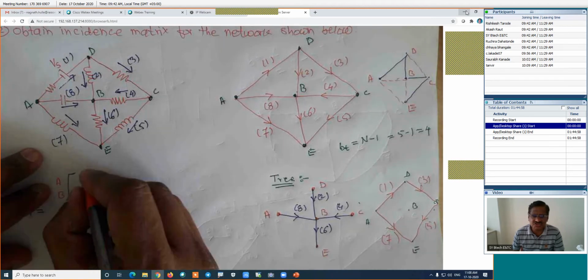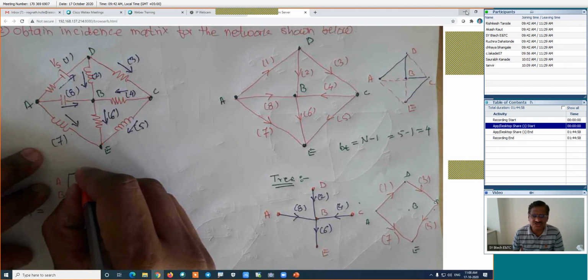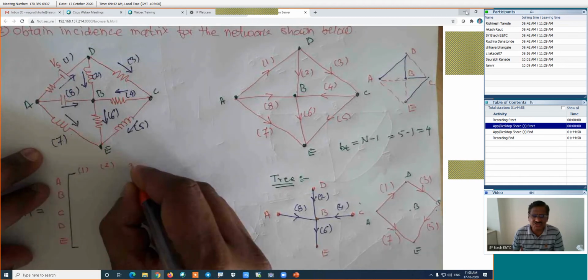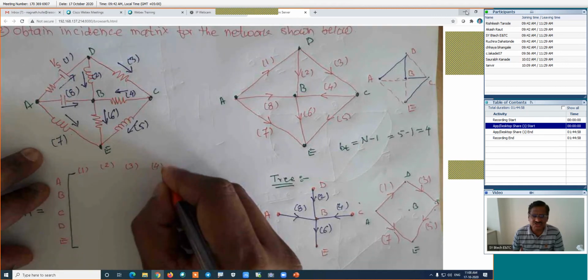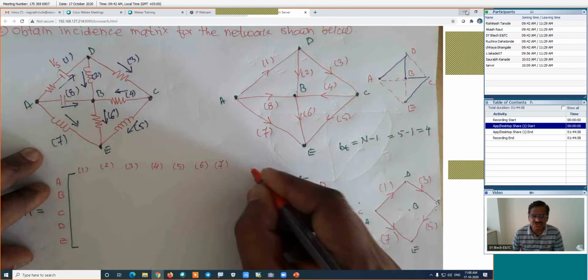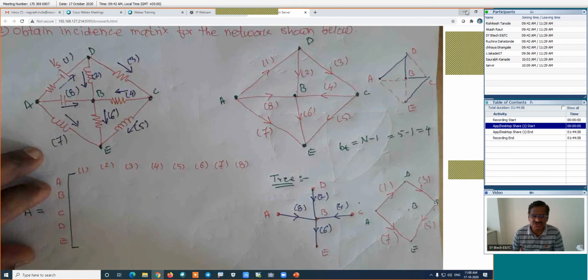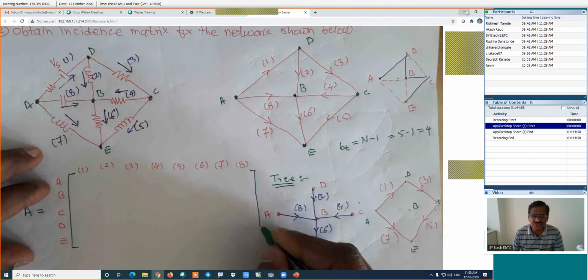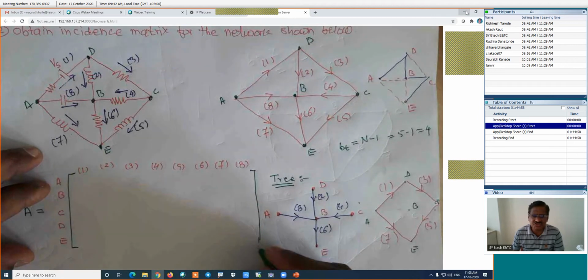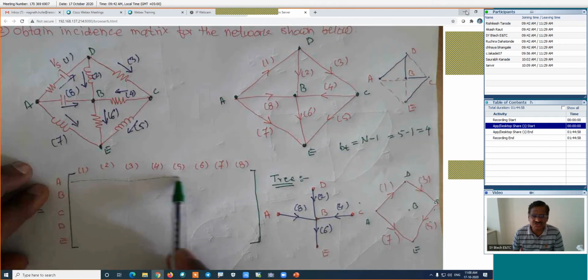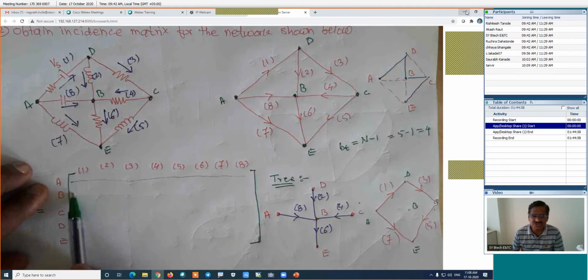We have 8 branches, so column number 1, 2, 3, 4, 5, 6, 7, and 8. For this particular matrix, we have 8 columns and 5 rows.